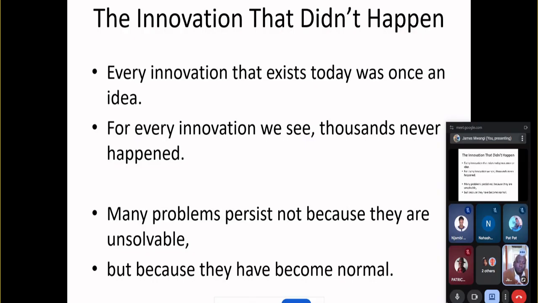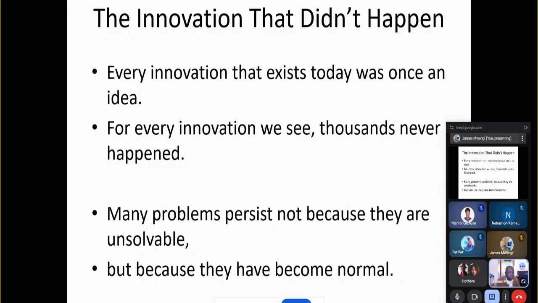There are very many reasons why your idea cannot become an innovation. First, you have to realize it through invention, and then you have to actualize it to make an impact, to adopt it to the users, to the people whose problems you want to address.